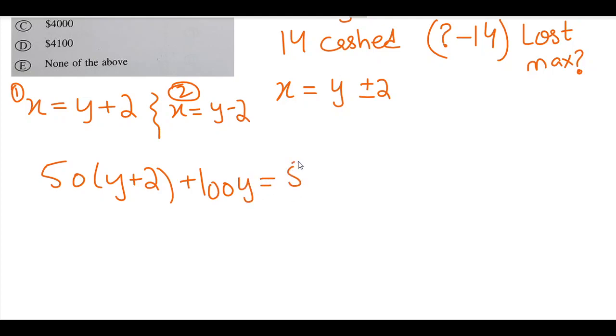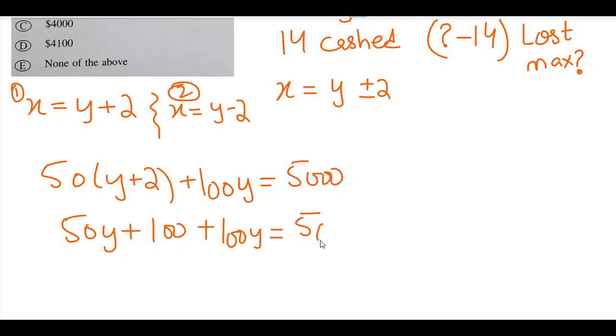And it's going to give me $5,000. So 50Y plus 100 plus 100Y equals 5,000. Can I simplify some stuff?